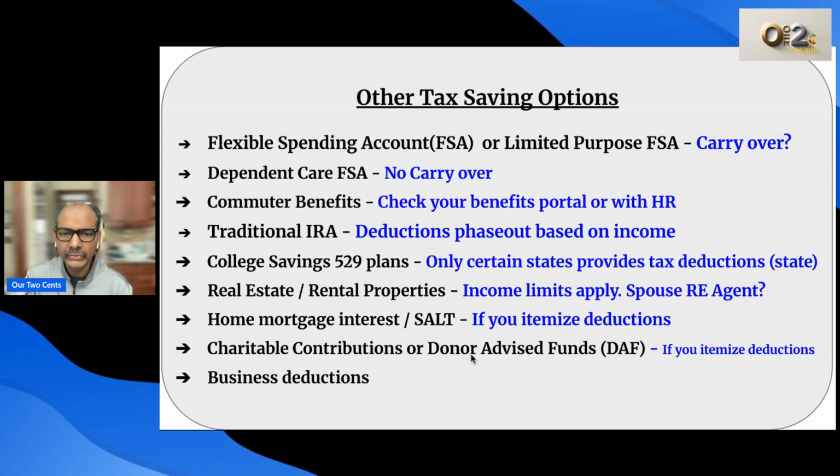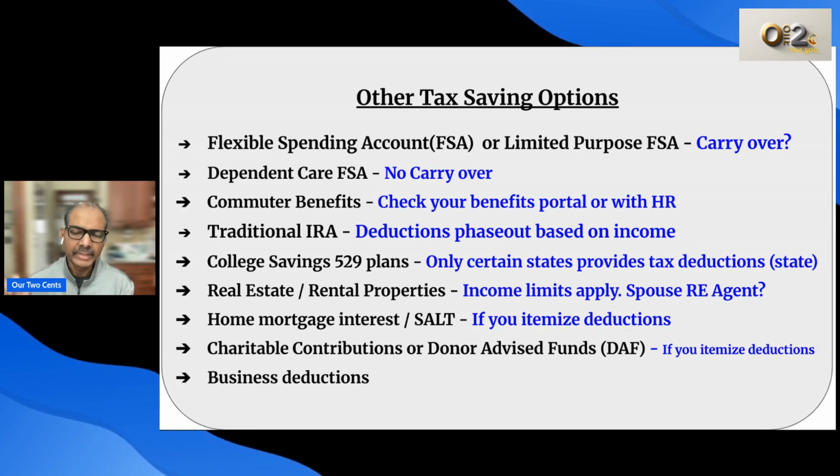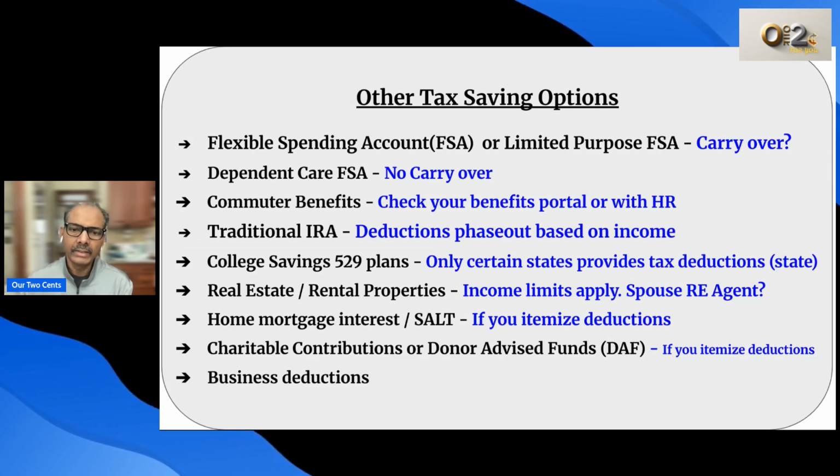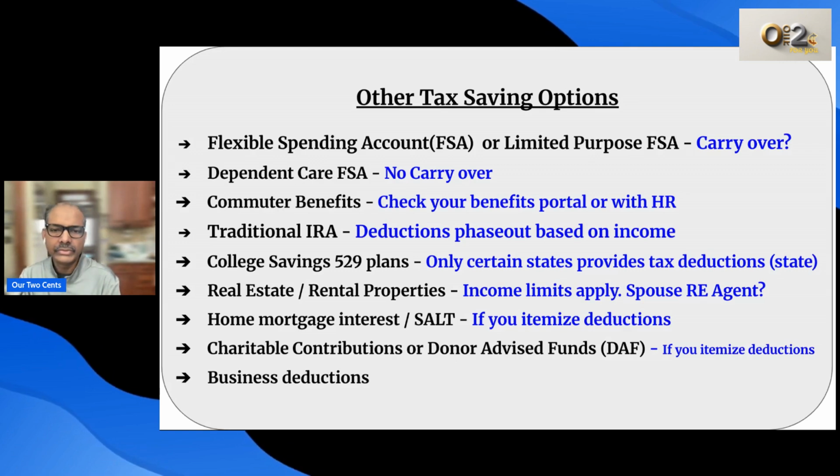Schwab and Fidelity and a few others offer that, and in the particular year you're contributing, the $10,000 will be counted towards your charitable contributions. But the funds that you gave to Schwab or Fidelity can stay there and grow over a period of time, and then you can start giving that money to charities at a later date, right? So you get the tax benefit the year you contribute, but the money is still there for you to be able to distribute to any charities at a later stage.